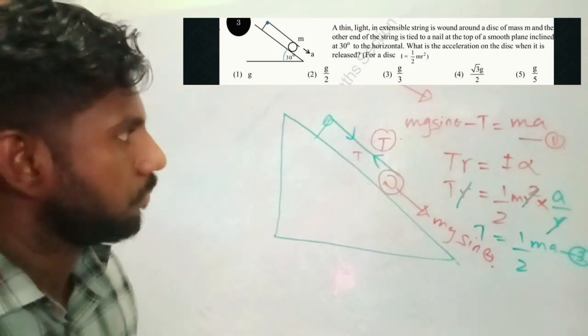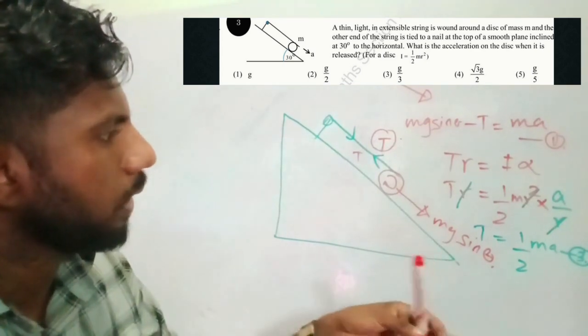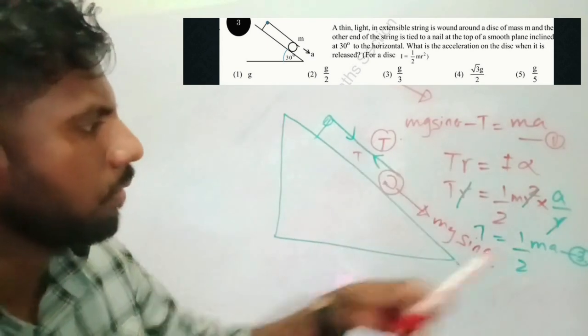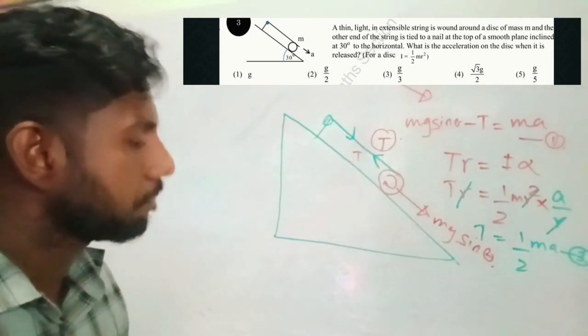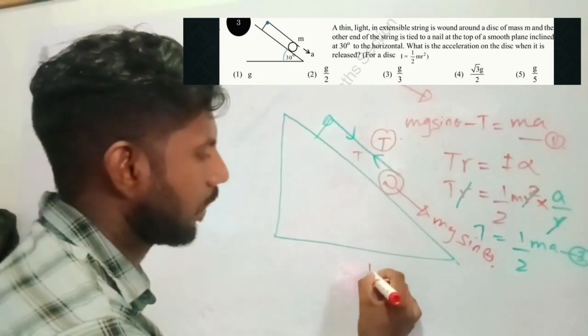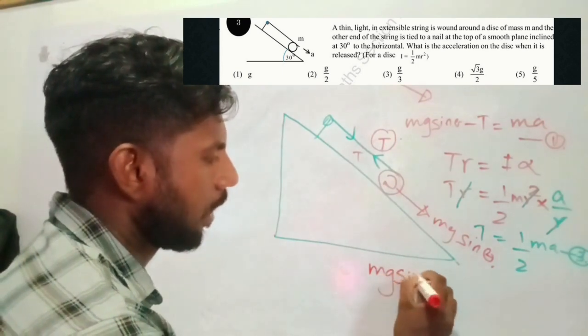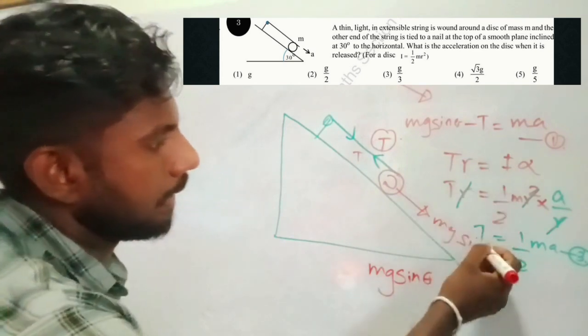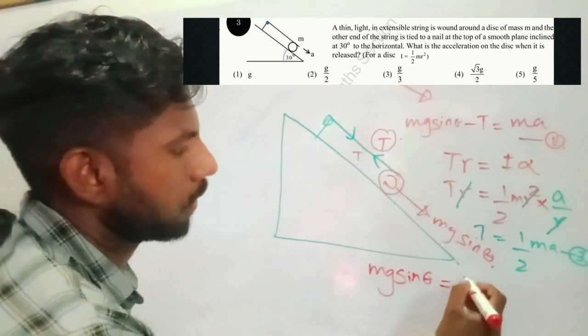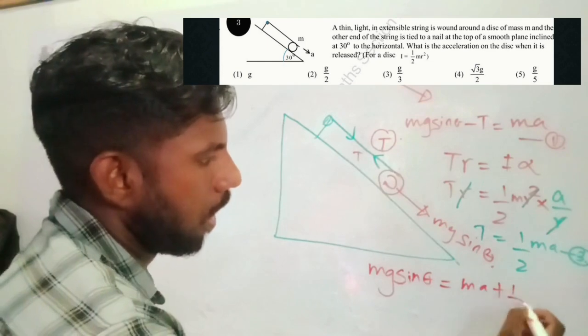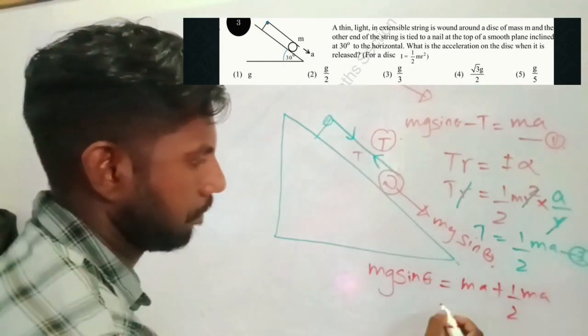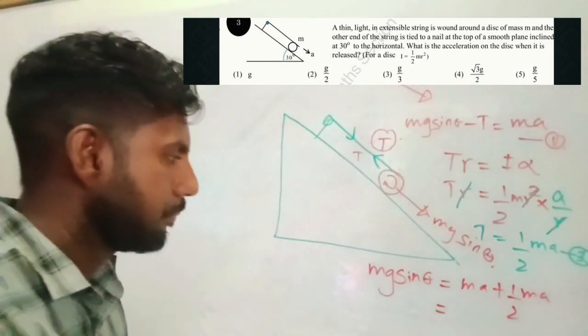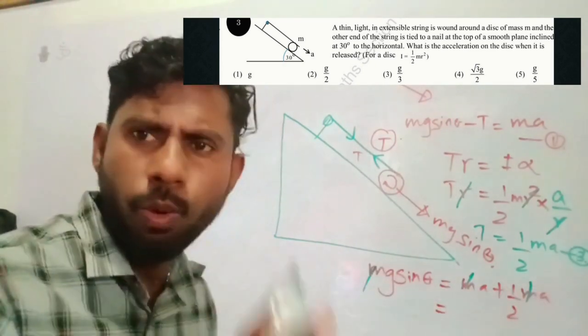Now what basically we have to do is we can add these two, first and the last equation. Let's add them. So then we are getting mg sine theta, T and T cancel off, equals ma plus half ma. M is common. Yes, we can remove that one.